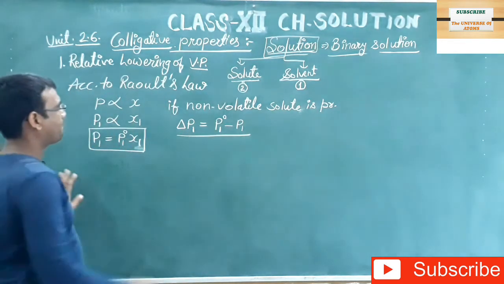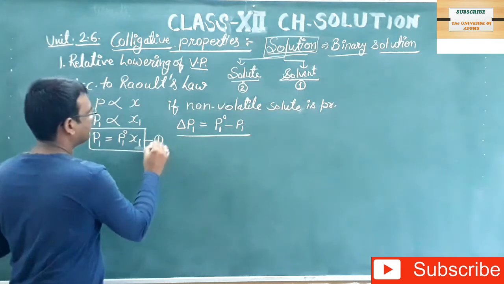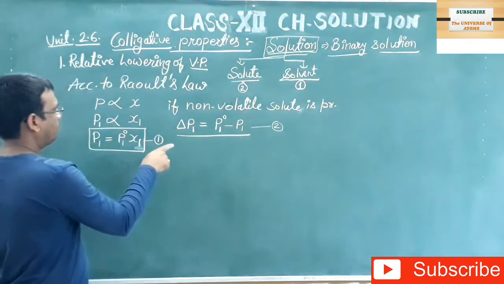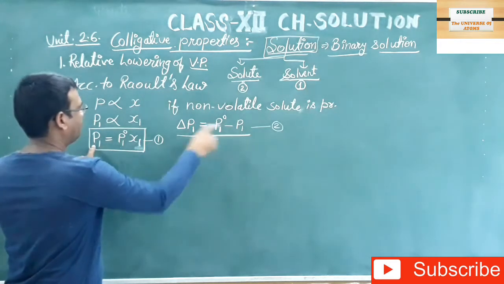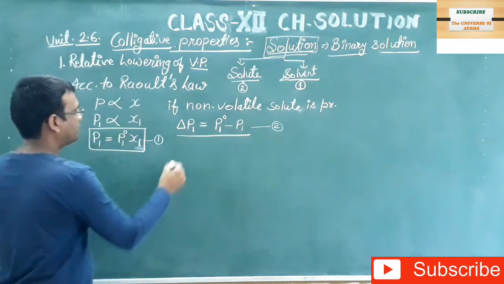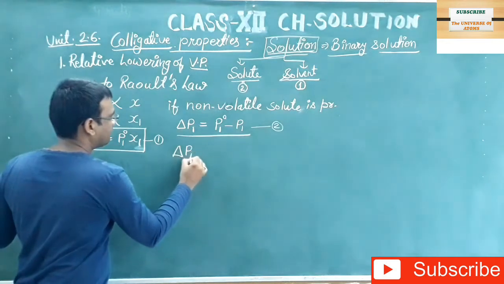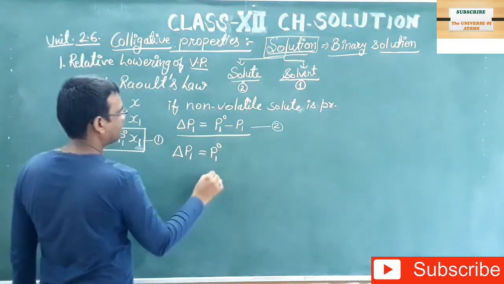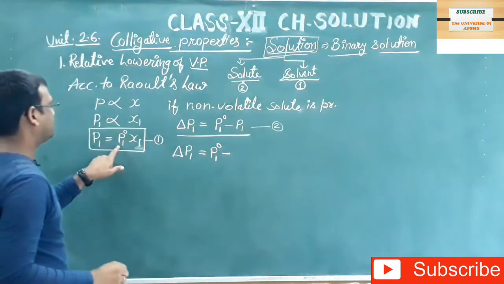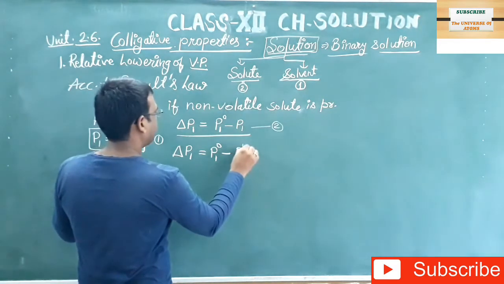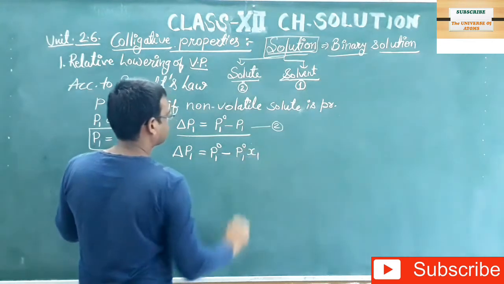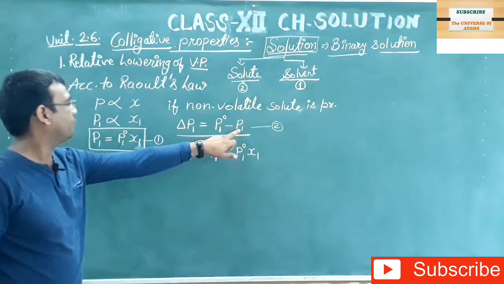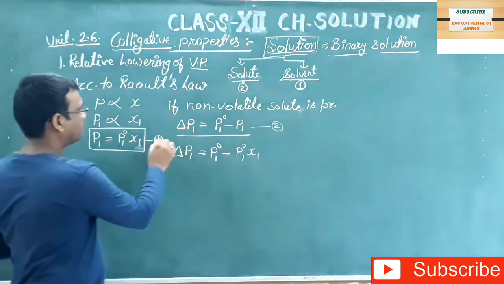Suppose this is equation number 1 and this is equation number 2. If we put the value of P1 from equation 1 into equation 2, then we get delta P1 equals P1 naught minus P1 naught x1. No problem.